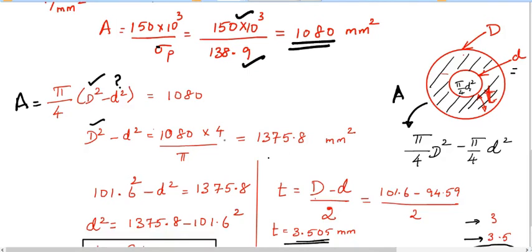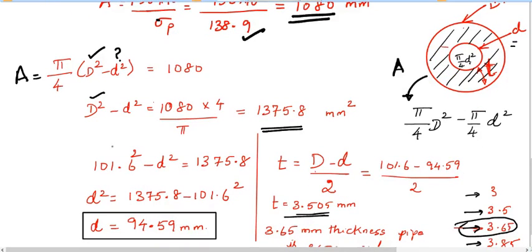So capital D square minus small d square is equal to 1080 into 4 divided by pi. It will be giving you 1375.8 mm square. So capital D is 101.6 and small d you have to find. So substitute all these values, you will be getting 94.59 mm.